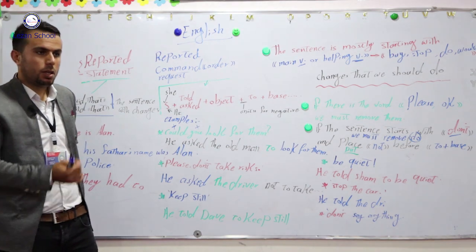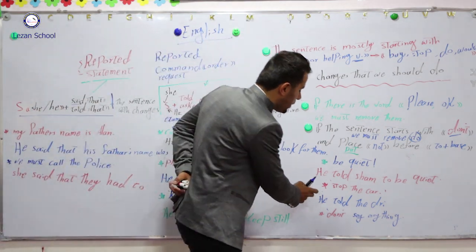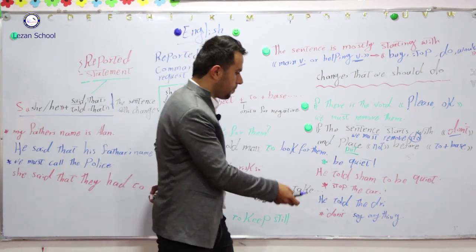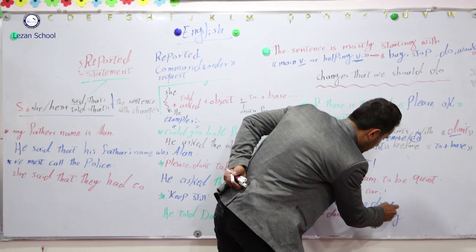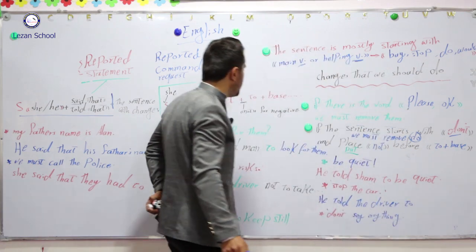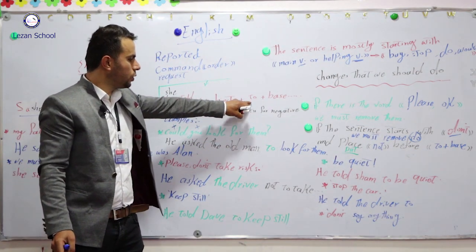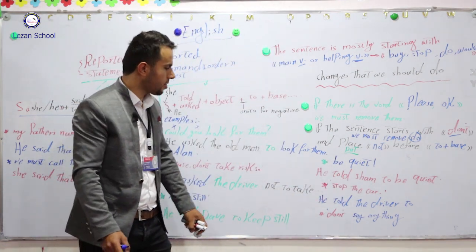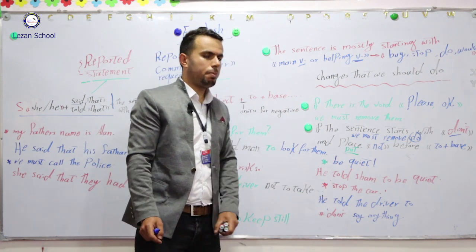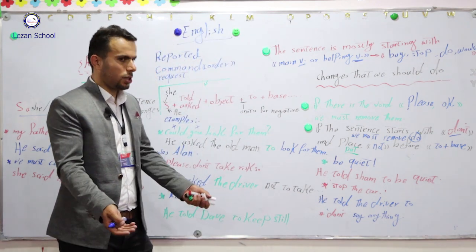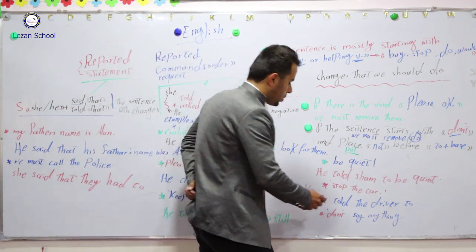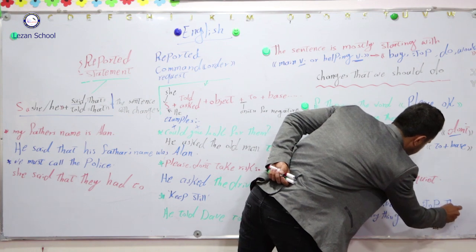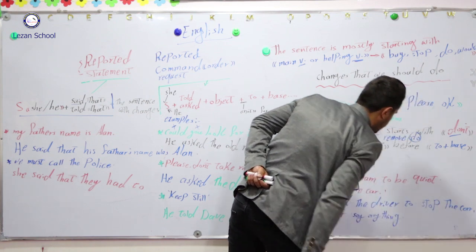For example, Fatima. He told Fatima to stop the car, but here we wrote the driver. To do what? To stop the car. If the sentence starts with a main verb, there are not lots of obstacles for us.